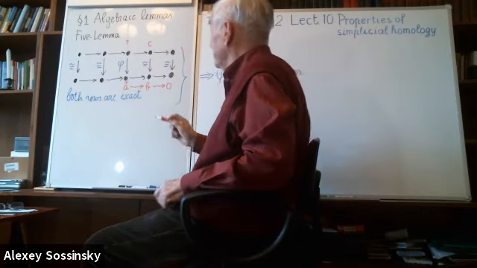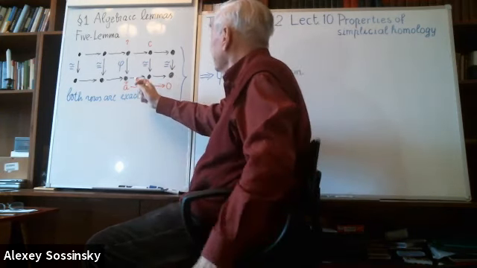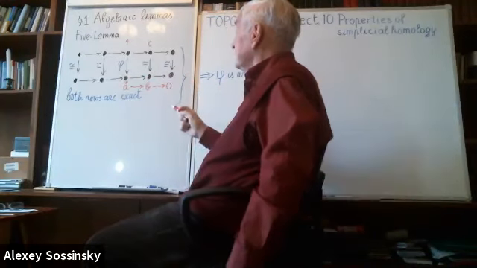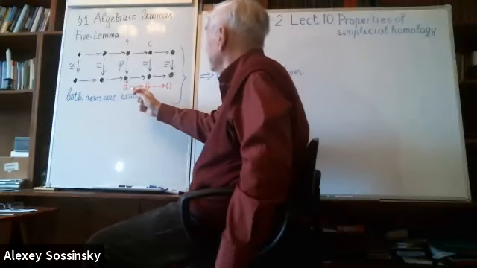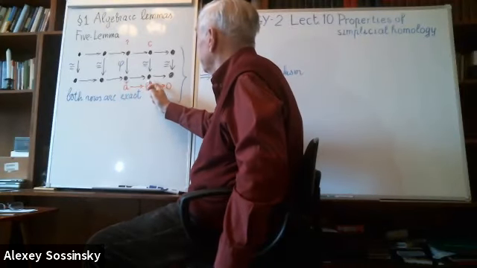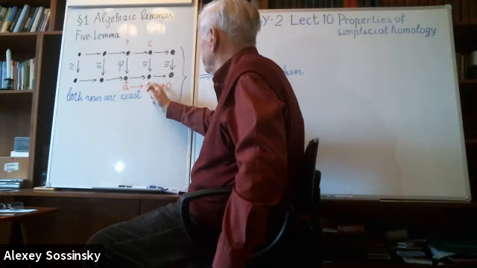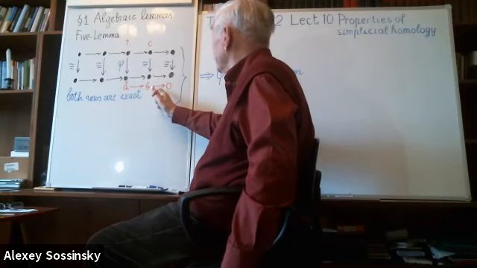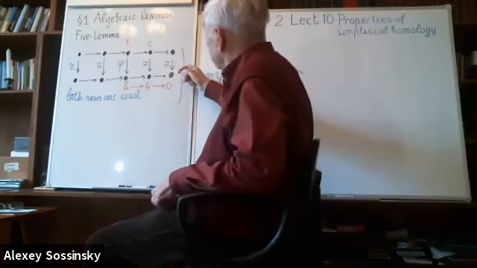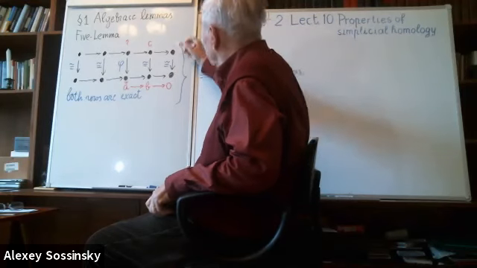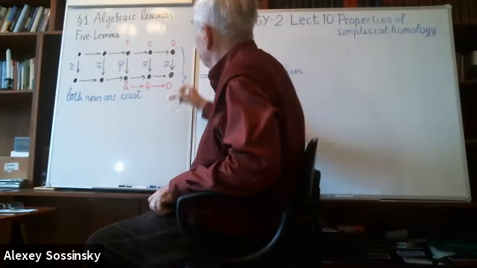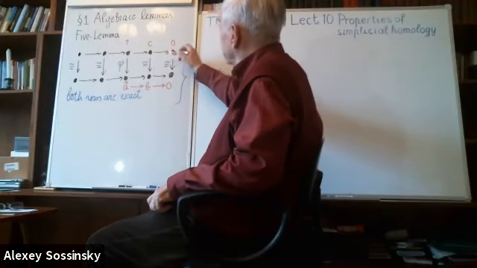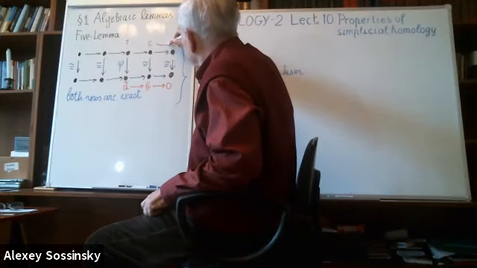Why is that? Well, because the horizontal sequence of groups is exact. B belongs to the image. The image coincides with the kernel, so B has to go to 0. Now, under this isomorphism, 0 goes up here. Since this square is commutative, C goes to 0.